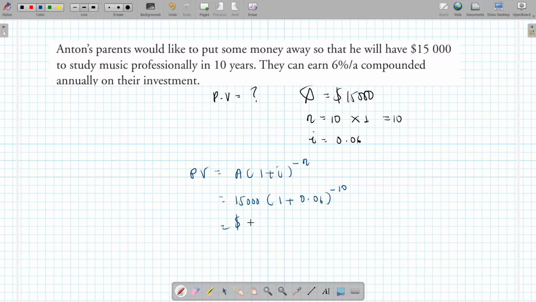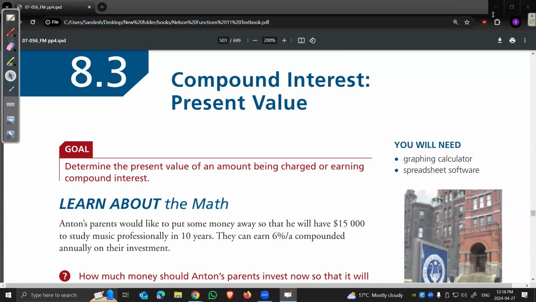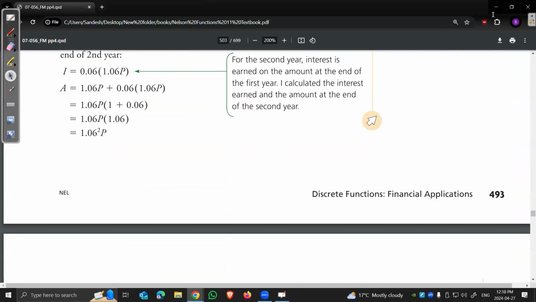So the amount you need to put in today is 8,375.92. This amount in 10 years will almost double. It will become 15,000, and that's it. That's how you solve a present value question. But the important part is to identify that it's a present value question to begin with.